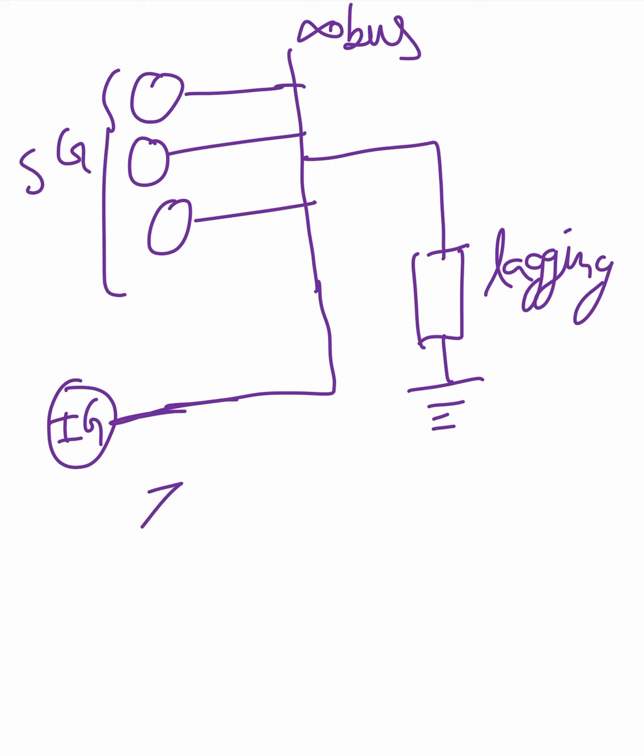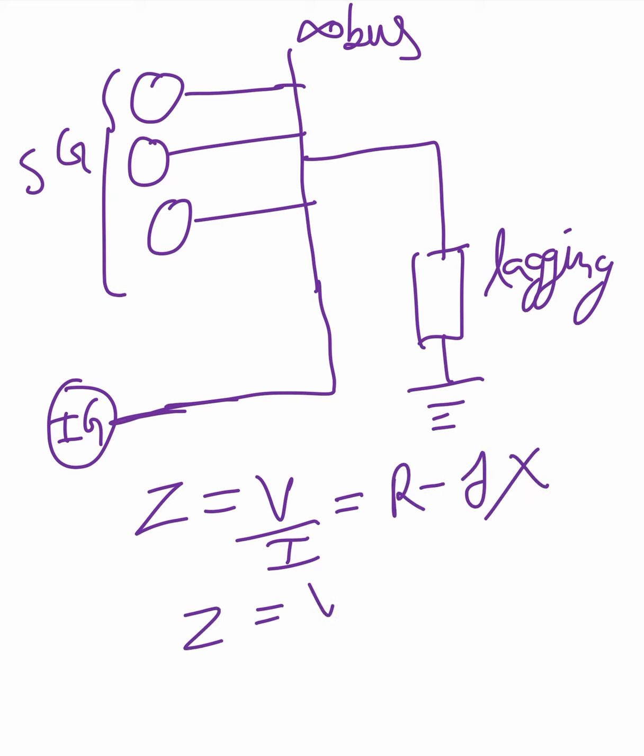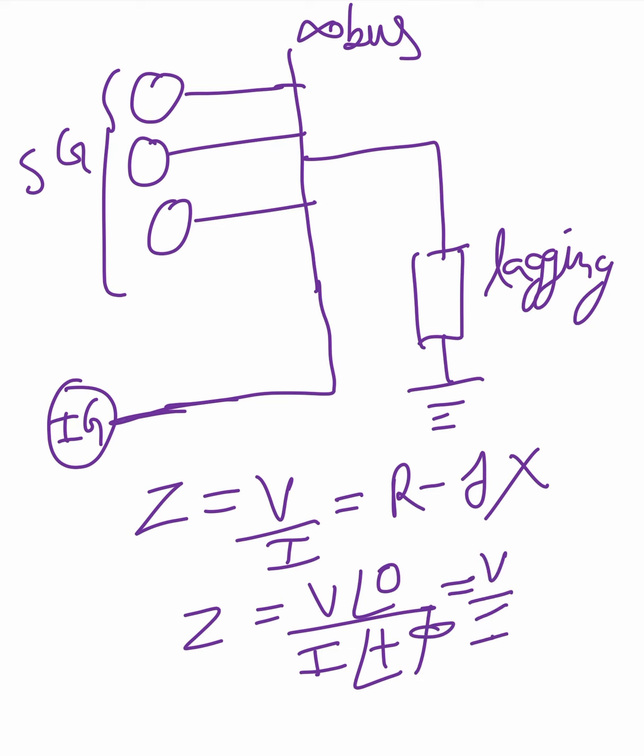So Z is equal to V by I, which is equal to R minus jX, and Z is equal to V angle 0 upon I angle plus phi. So you can write Z is equal to V upon I angle minus phi. So Z is equal to R minus jX, that is capacitive.